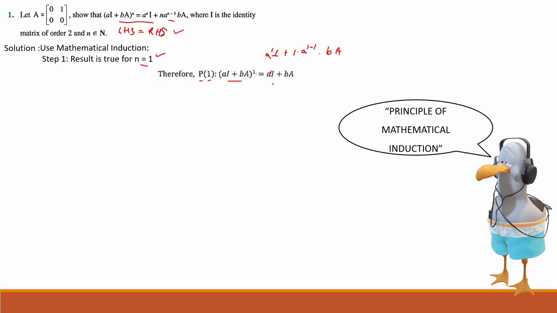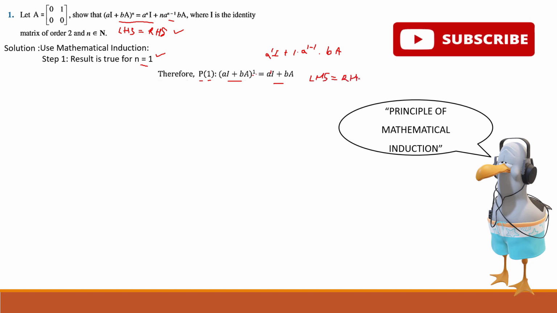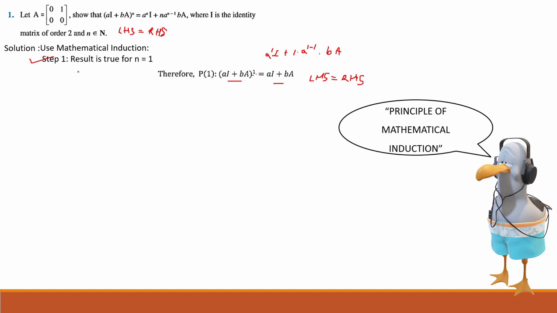So this becomes aI + bA, and on the left hand side also the power is 1, so it becomes aI + bA. Therefore the result is true for n equals 1. This is our first step where we check the result for n equals 1, where our LHS must be equal to RHS.